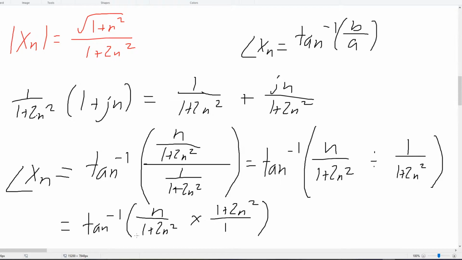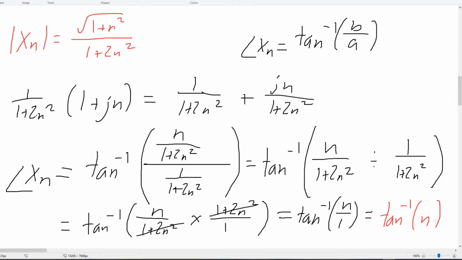With that being said, we could cross these two out, and then you finally get inverse tangent of n over 1, or finally, inverse tangent of n. Right?